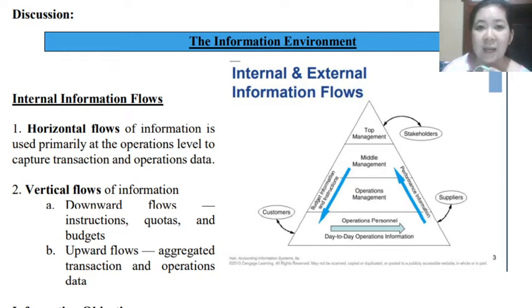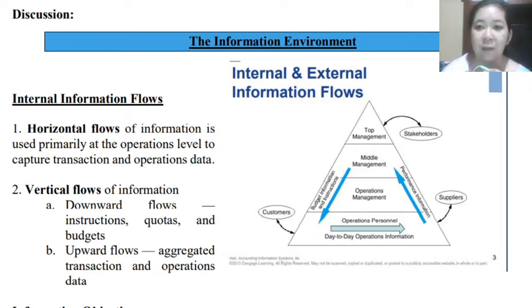Meaning here, the information is coming from the operations. Basically, this is the flow between departments, for example, that work on manufacturing a certain product until it is finished, and even up to the sale of that product.